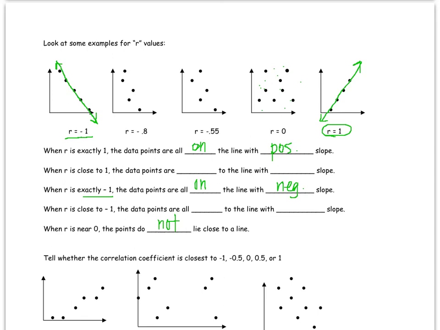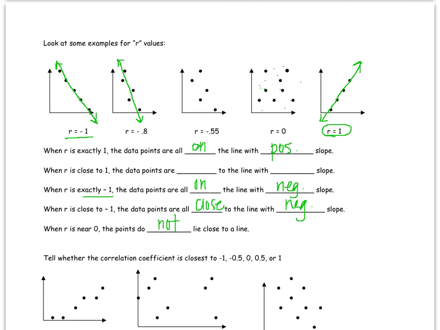Now, you have a couple of options after that. It can be kind of close to a line, like a 0.8 or a -0.8, which says, okay, I can kind of stick a line in here, but they're not all exactly on the line. So when r is close to -1, the points are all close to the line, and it has a negative slope, but they may not be on the line.